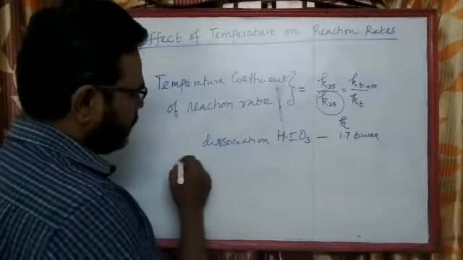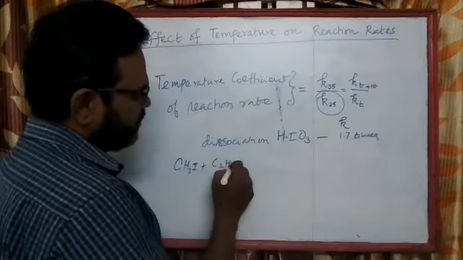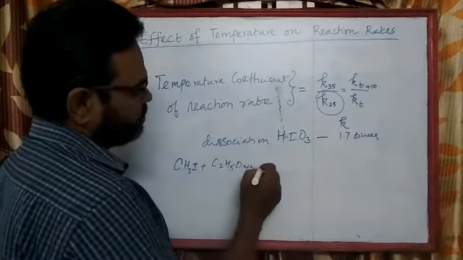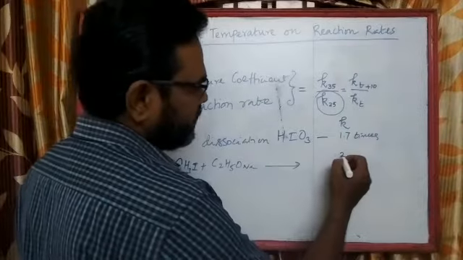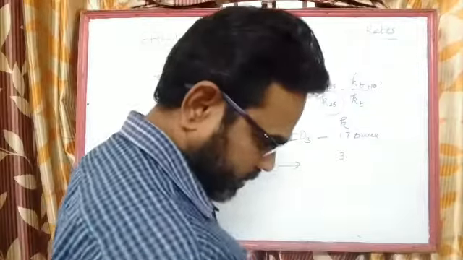Similarly, the reaction between methyl iodide and sodium ethoxide raises the rate by approximately 3.8.